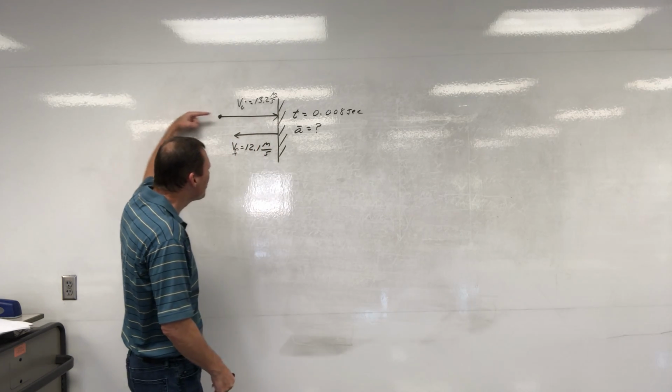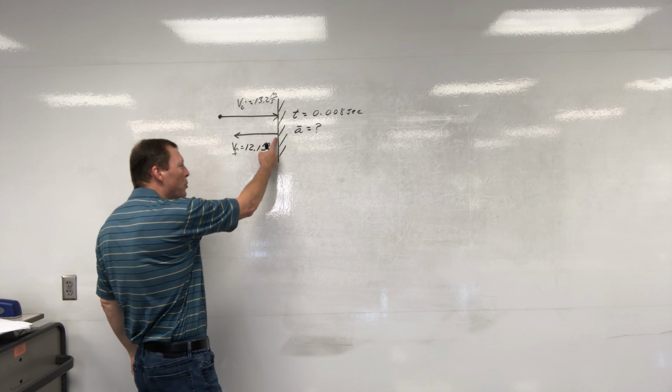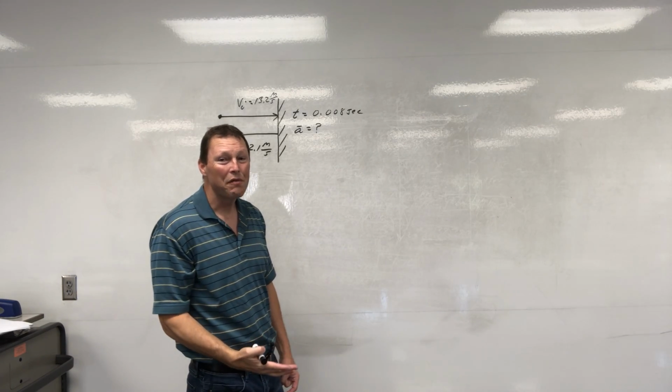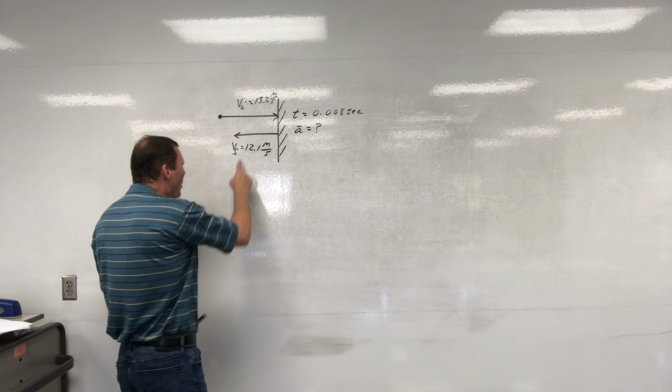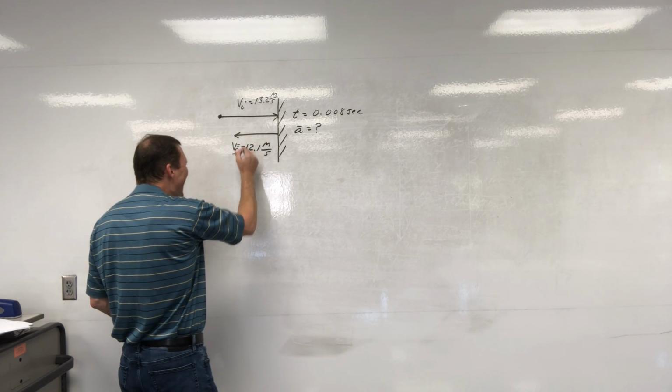So I'm going to make to the right the positive direction. Notice the ball, as it returns, it's coming back to the left. And velocity is a vector. It's got a direction. So what I need to do is I need to make this velocity negative.